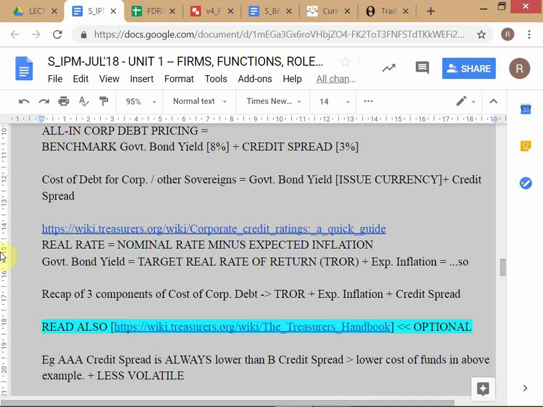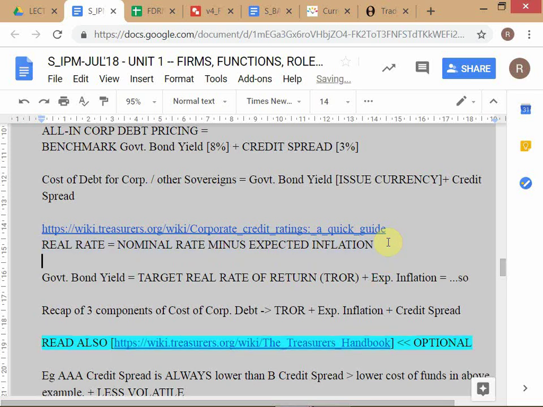Okay. So if the real rate is nominal rate minus expected inflation, then how do we write the nominal rate? Nominal rate is real rate plus expected inflation. So instead of using maths, we are just writing in English.